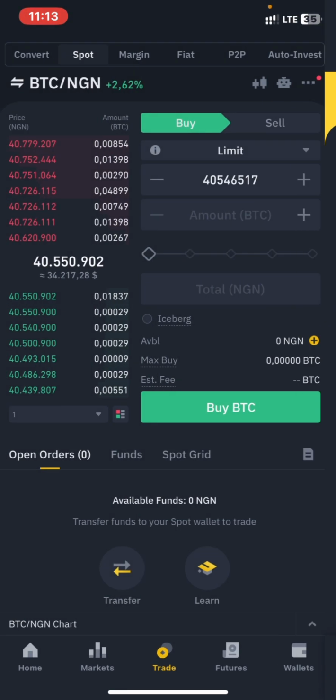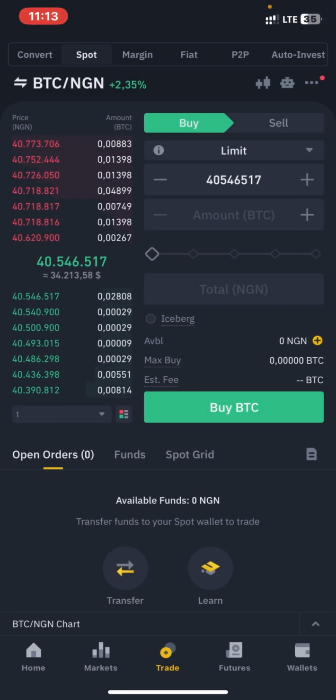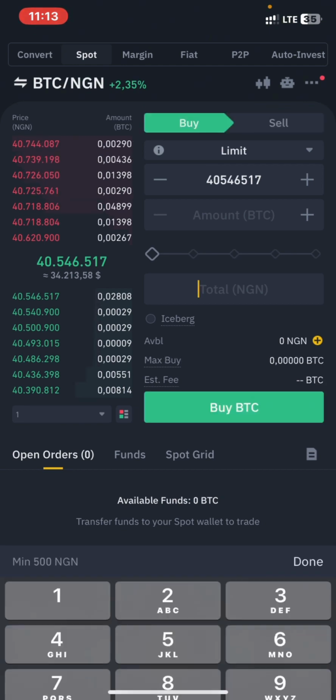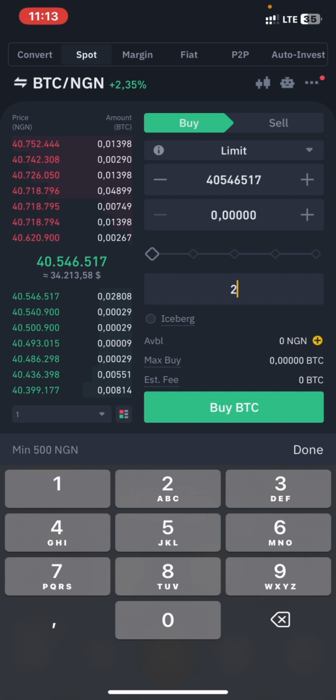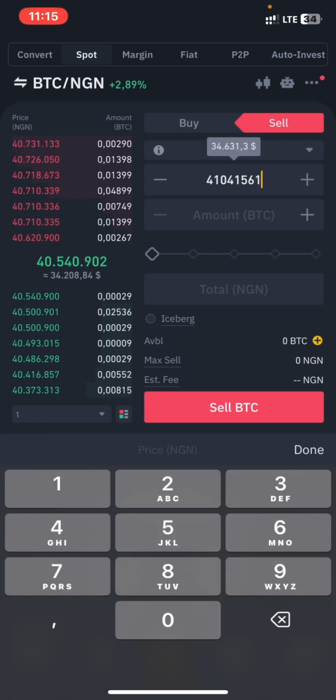So right here again, you go back and change this price I already changed. If I want to buy 2 million worth of BTC right here, I will be getting this amount of BTC, and right here I'm going to switch.